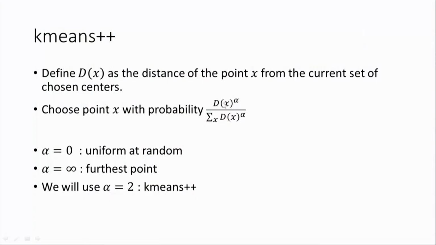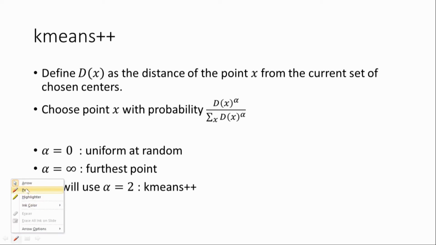What is alpha? What happens when alpha equals 0? Every point is uniformly chosen, because anything to the power 0 is 1. When alpha equals infinity, I'm claiming that this is the farthest point heuristic.